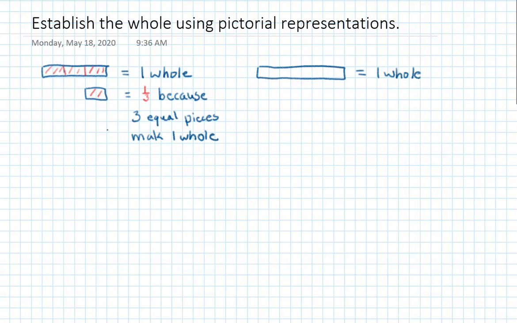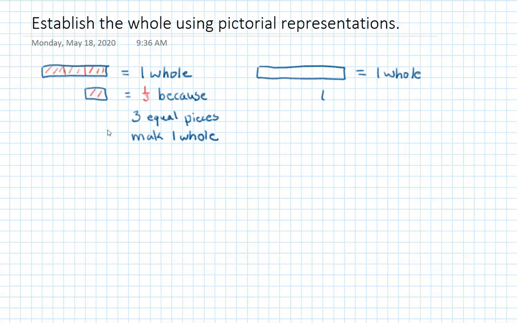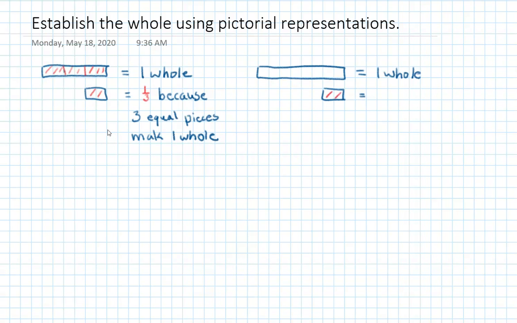If I started this whole thing differently with a different whole, and then I asked, okay, if that's the case, then what value is this right here? Trying to figure out the value of this pictorial representation. So now I look at taking this representation right here and comparing it to the whole. And to do that, I notice that I have 1, 2, 3, 4 equal pieces.